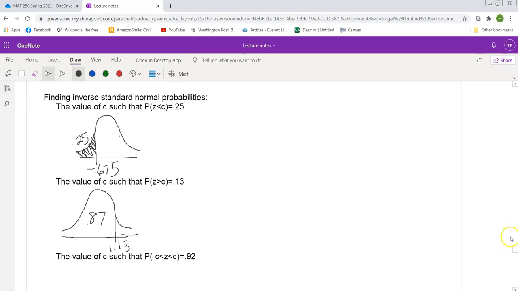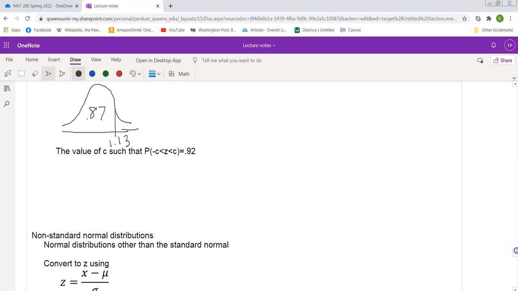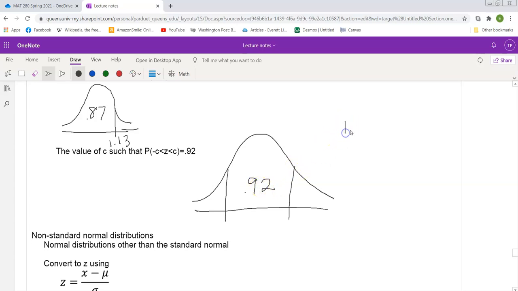And finally, the value of C with 92% in the middle. The thing to keep in mind here is if we've got 92% in the middle, that means we've got 1 minus 0.92, which is 0.08, in the tails.